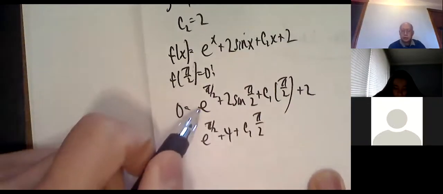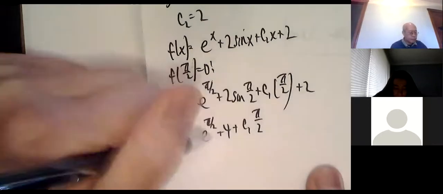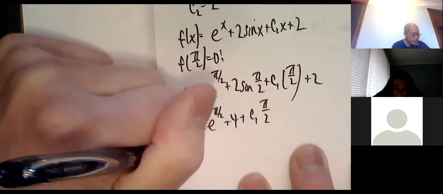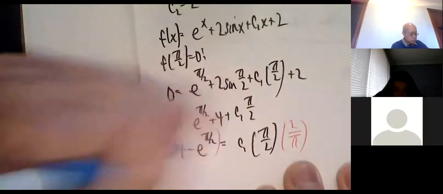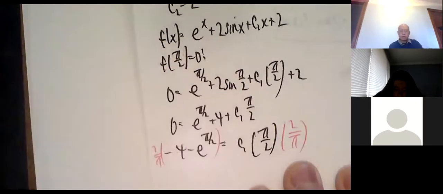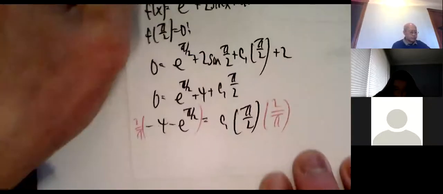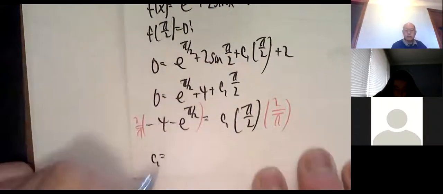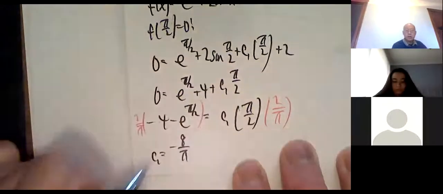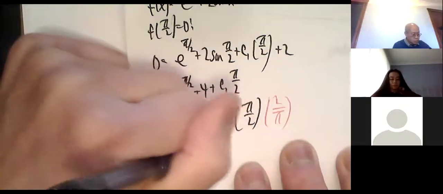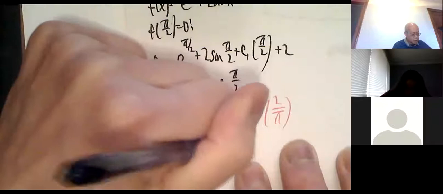See if I did that right. Okay, throw these over, subtract. Negative 4 minus e to the pi over 2 equals c1 times pi over 2. So multiply by 2 over pi. And that gives it to me. So c1 is equal to this weird thing, negative 8 over pi minus 2 over pi e to the pi over 2.